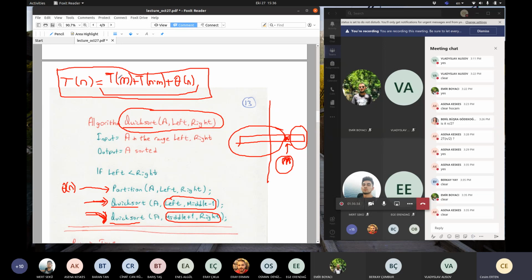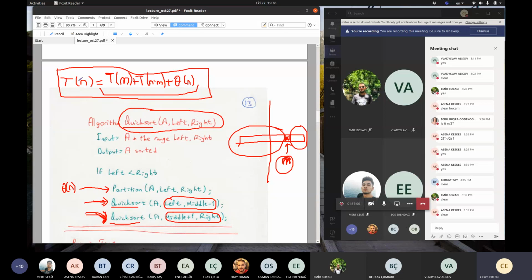Just the same way that we have done with insertion sort, it could be the case that this T of n is a slowly growing function depending on the value of m. Maybe m is poorly chosen so that this T of n is a large function. Both of them are possible.